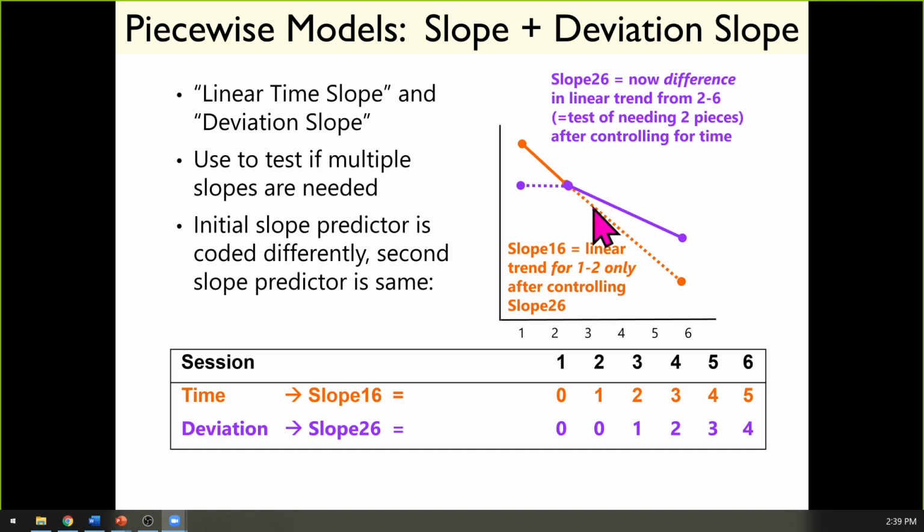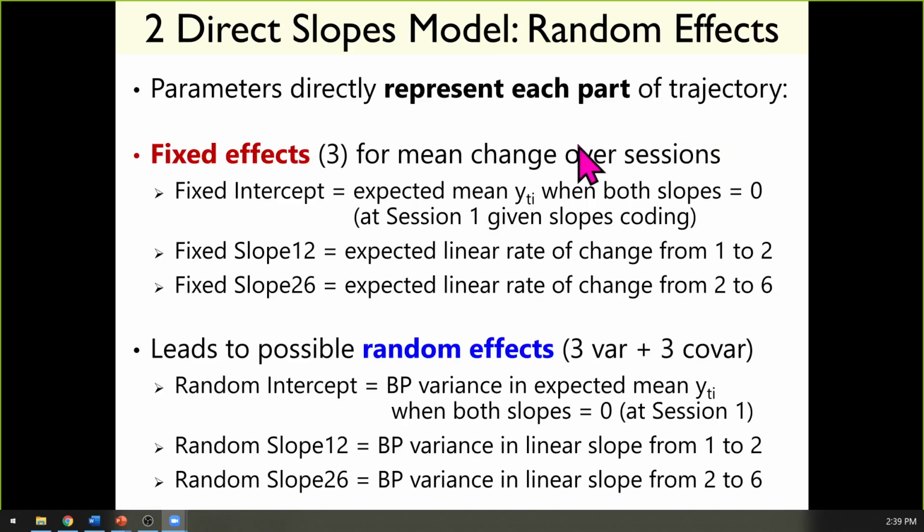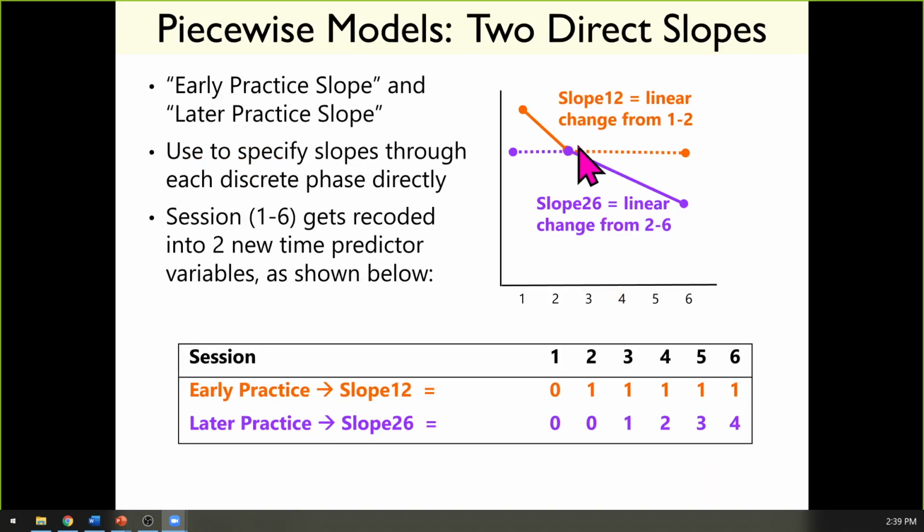If I do it this way, and I get change from session 1 to 2, and then differential change from 2 to 6, I can ask for what actual change in 2 to 6 would have been as an estimate statement. So if you know two, you can always get the third. So I will show you how this works. All right, you want to see it?